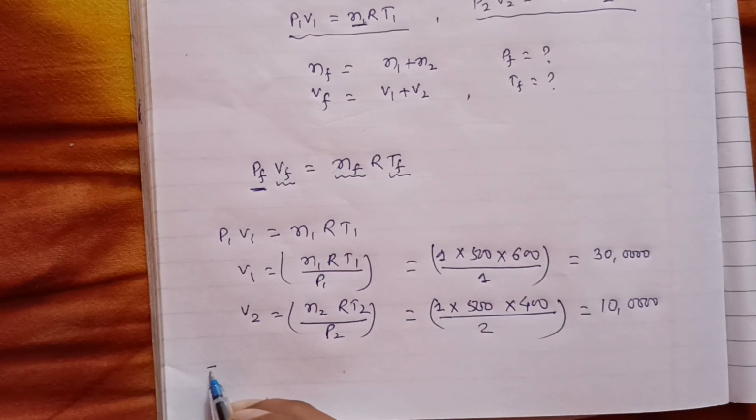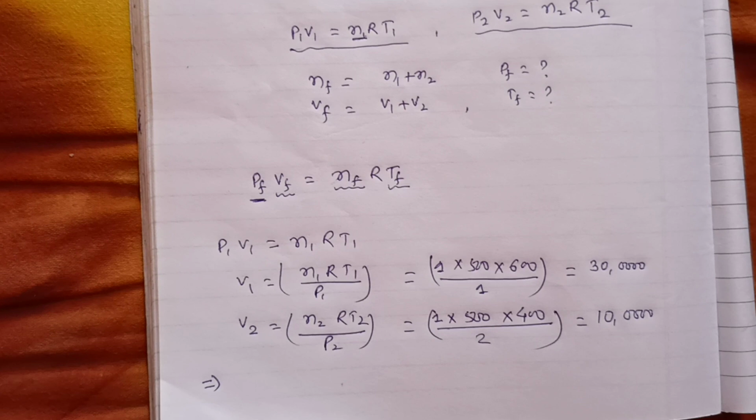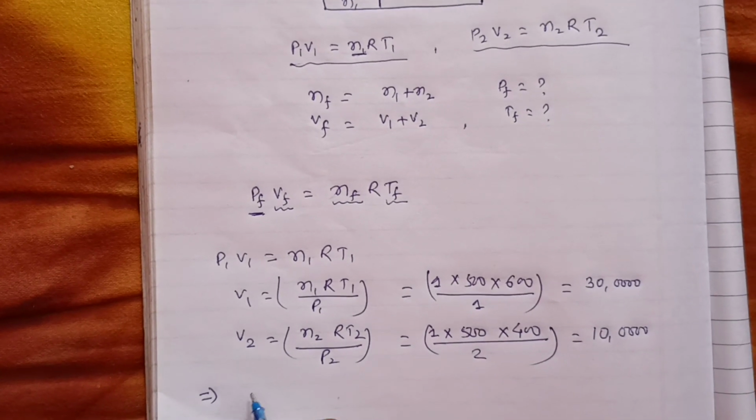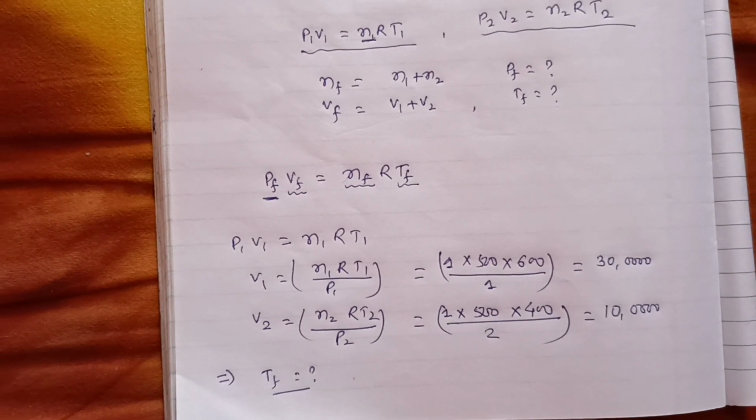Now guys, this is your V1 and V2. Now to find this T final, what is the concept which we will use? The concept will be that the total internal energy remains constant. So how do we find this internal energy?